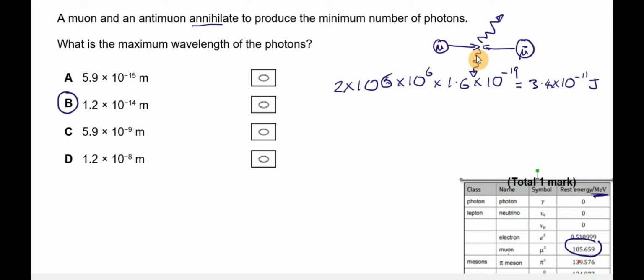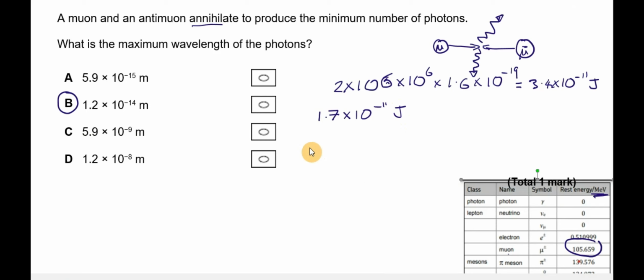Now, because I've got 2 photons, each photon can only have half that amount of energy. So the amount of energy in each photon is going to be 1.7 times 10 to the minus 11 joules.